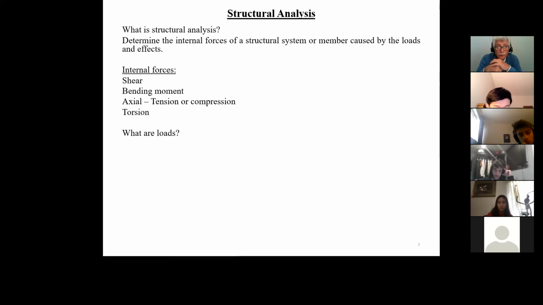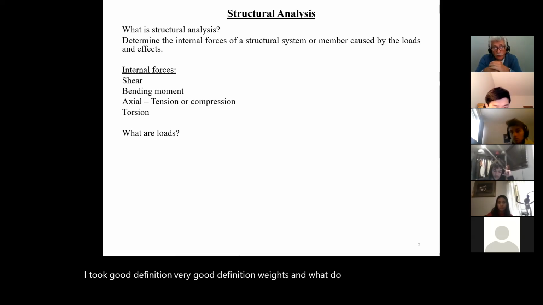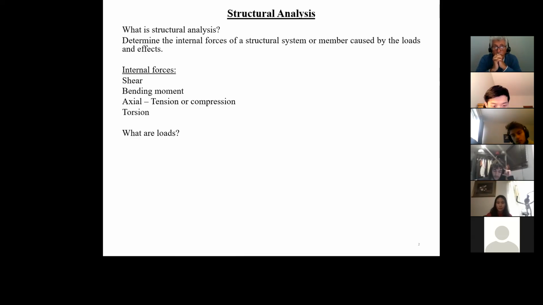That's a good definition. Very good definition. Weights. And what do weights do? I think weights cause some stress on the structure. Causing some stress on the structure.